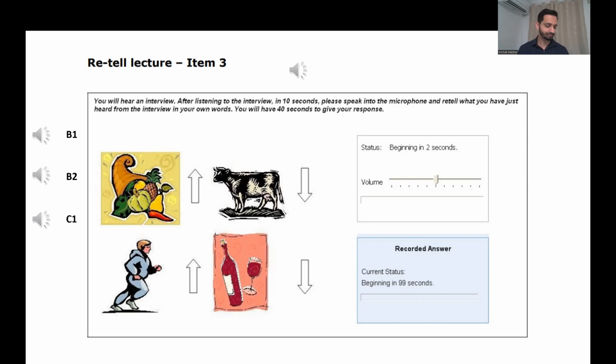Let's look at C1. So this interview is about the nutrition guidelines, and there are 4 basic nutrition guidelines. One is to choose most food as you can. The second is eliminate the high fat you can get from the meat.